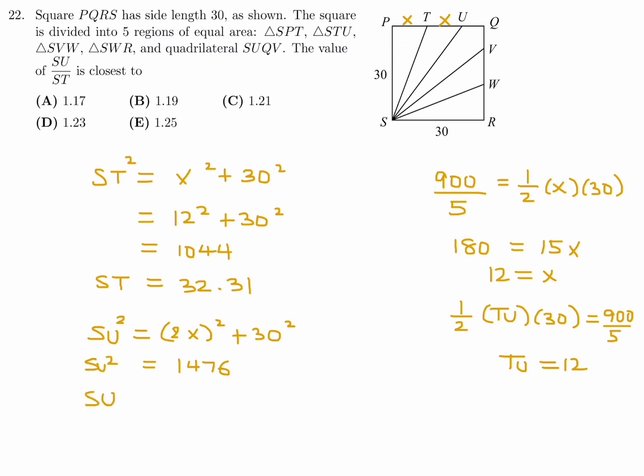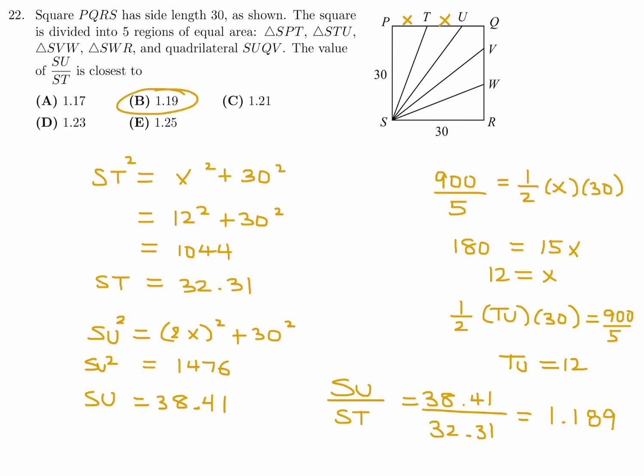So take the square root, and SU will be 38.41 approximately. So now this ratio, SU over ST, can be easily calculated. It's going to be 38.41, all approximate, over 32.31, and that is about 1.189, and that is closest to choice B for number 22.